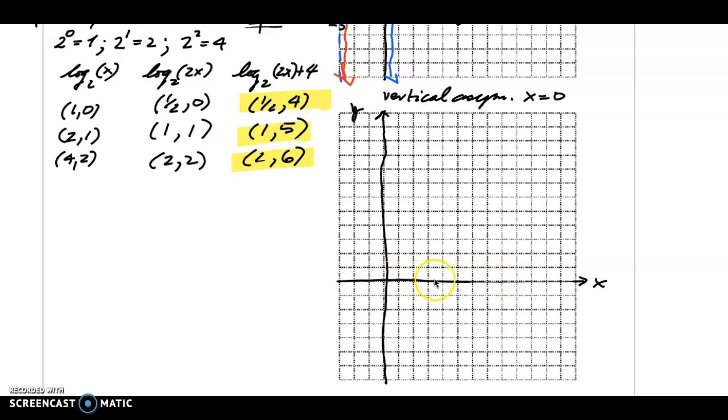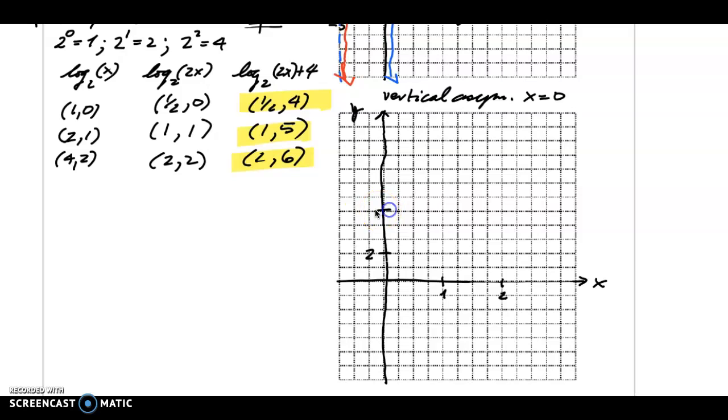Actually, I'm going to make this 1, 2, 3, 4. This is my 1. This is my 2. And on the other scale, my y, I'm going to make this 1, 2, 3, 4, 5, 6. Well, that's too high. So I'm going to have to do 2, 4. Oh, maybe that's what I'll do.